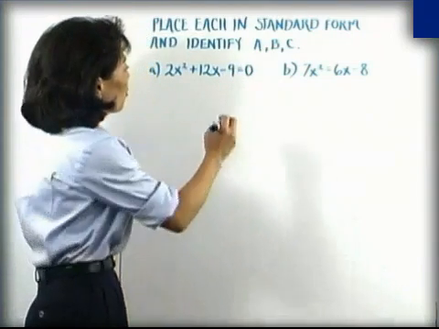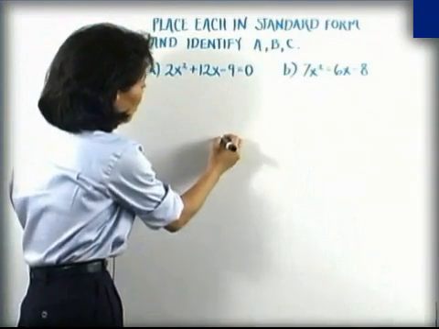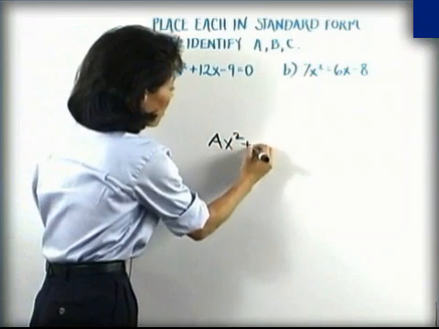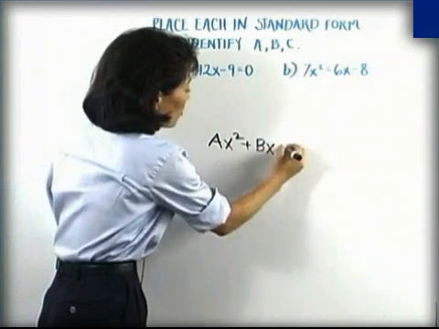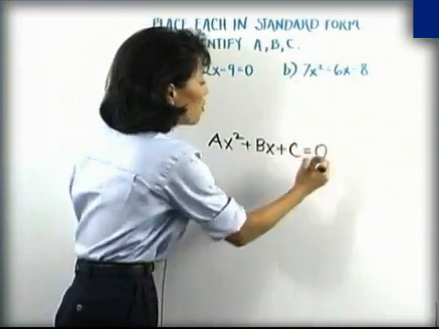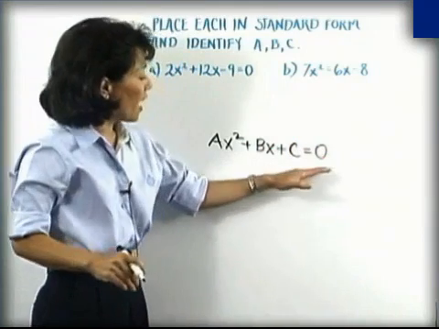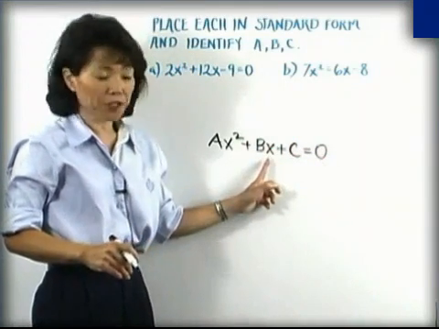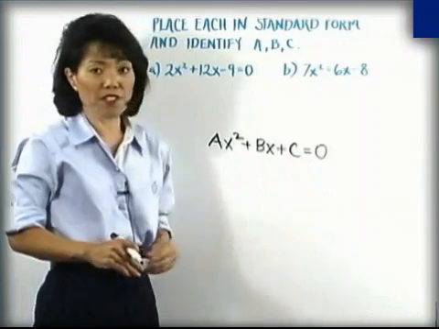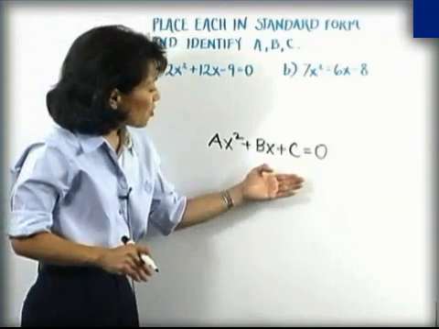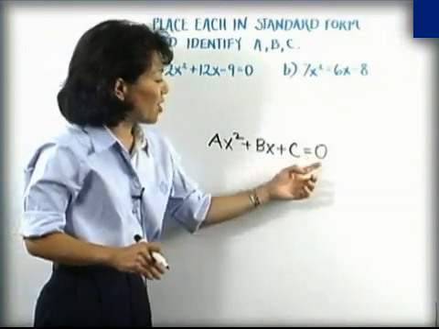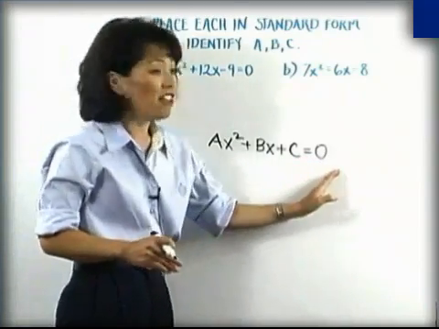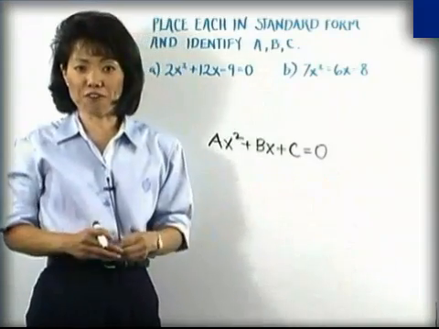Standard form for a quadratic equation is ax squared plus bx plus c equals 0. Notice that the variables are in descending order from the highest power to the lowest. Notice also that the equation is set equal to 0. Once you have your equation in this form, this is standard form.